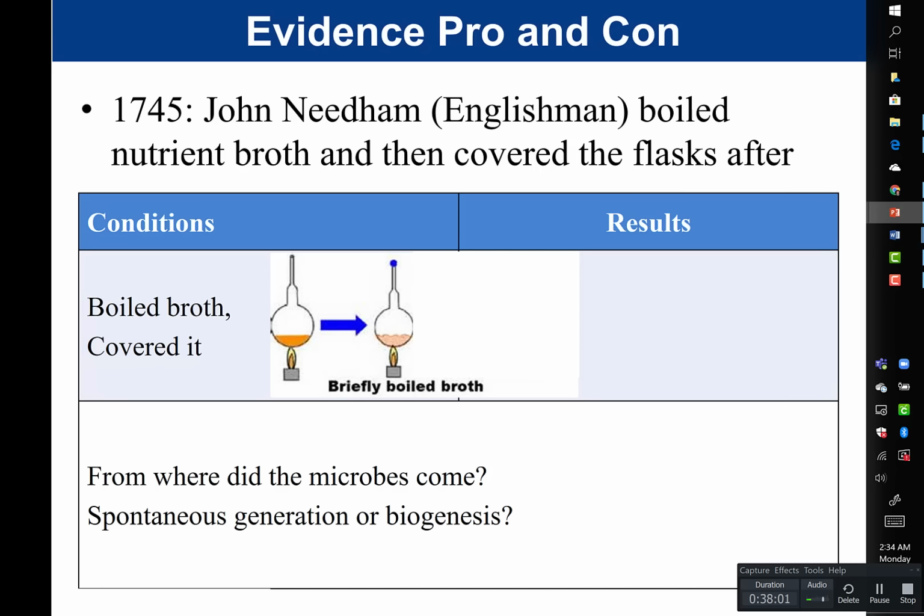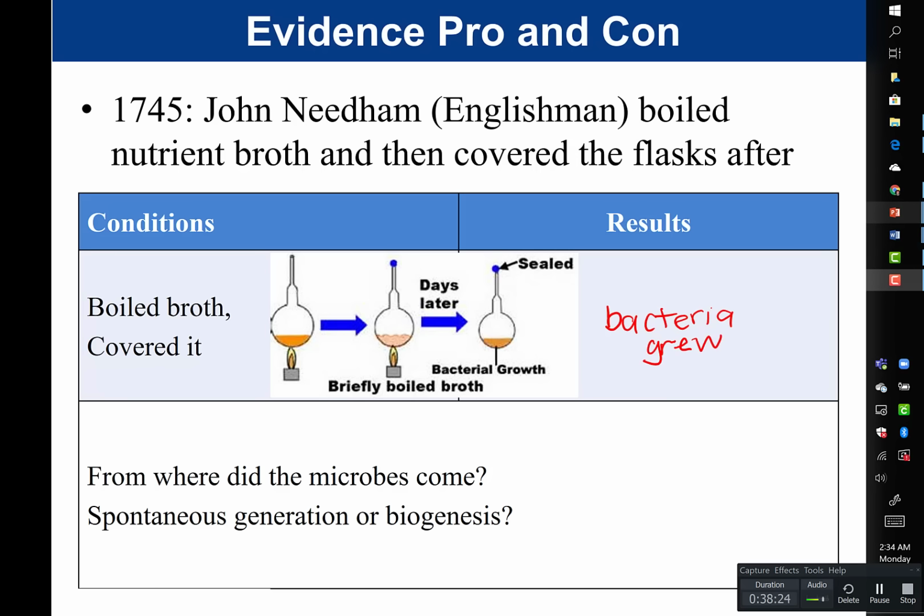So we have this broth, this nutrient-rich media, and he boiled it to kill off any microbes. And then after boiling it, then he covered it. And what he saw was that when he looked days later, there was bacterial growth in the flask.